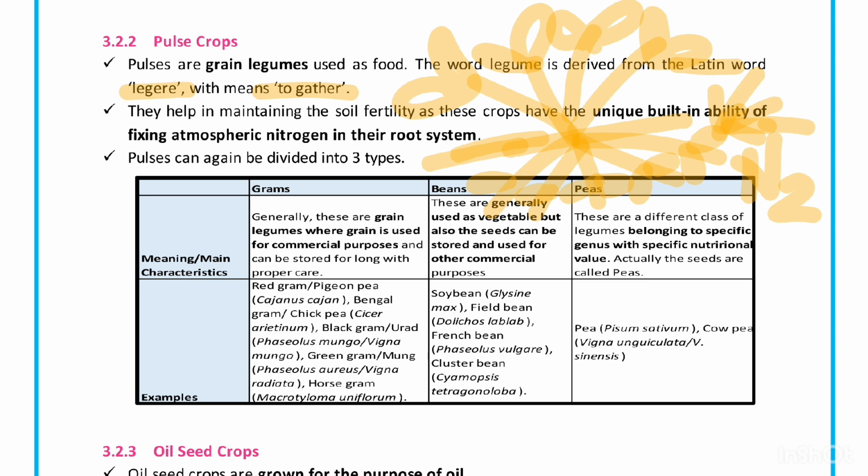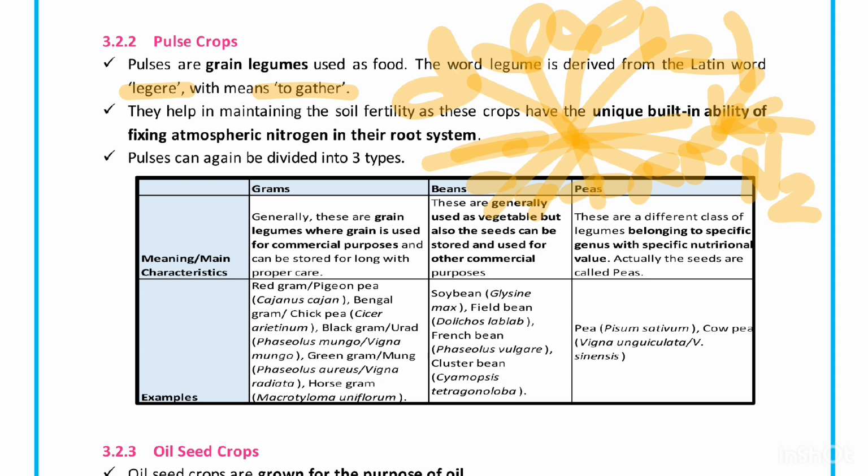So, ma'am, what is the purpose of doing this? What is the advantage? The plant requires nutrients for growth and development, and nitrogen is one of the most important nutrients required by the plant.